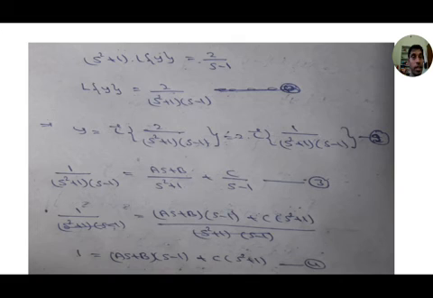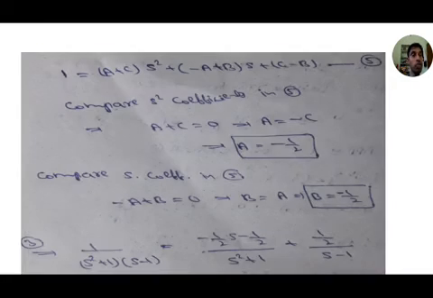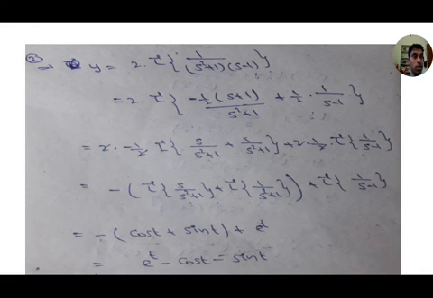Then simplify the equation for L of y in terms of s. Then from L of y in terms of s, we get y equal to L inverse of f bar of s. And find out that L inverse by using previous methods we discussed in the previous classes, any method, and we get the final answer.